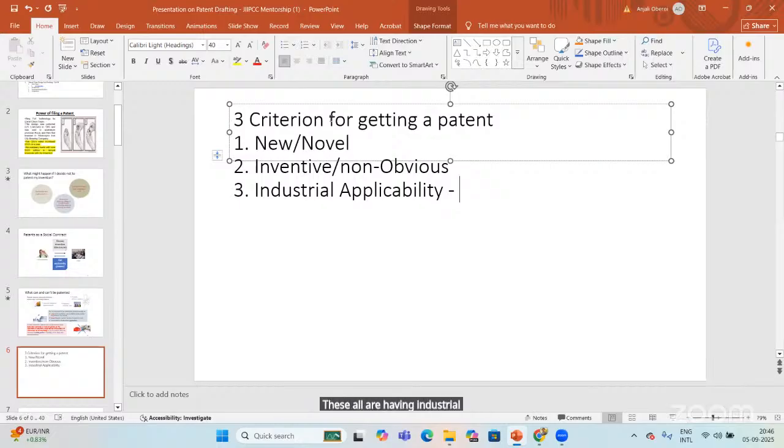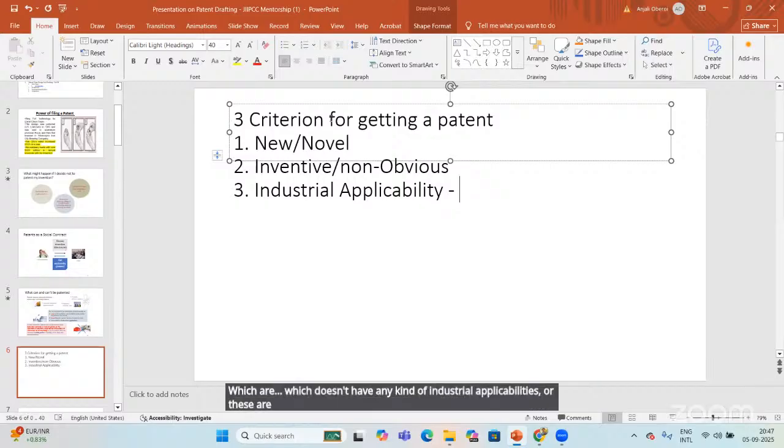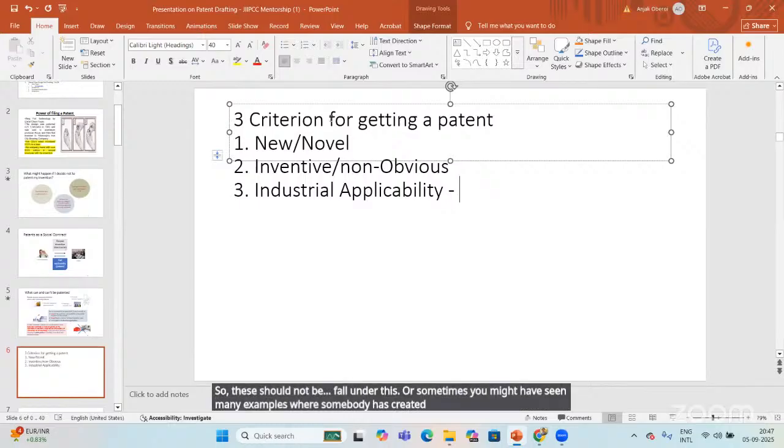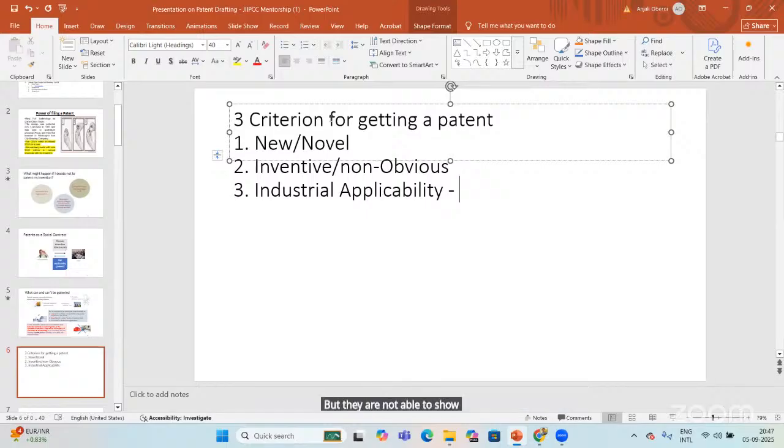But there are a few examples which don't have any industrial applicability, or which are against social norms, so they should not fall under this. Or sometimes somebody has created something but is not able to showcase where it can be used. If you are not able to showcase the use of your idea, then you are not able to justify criterion number 3.